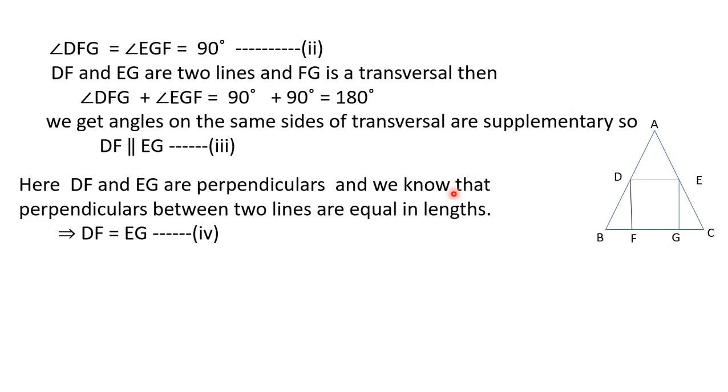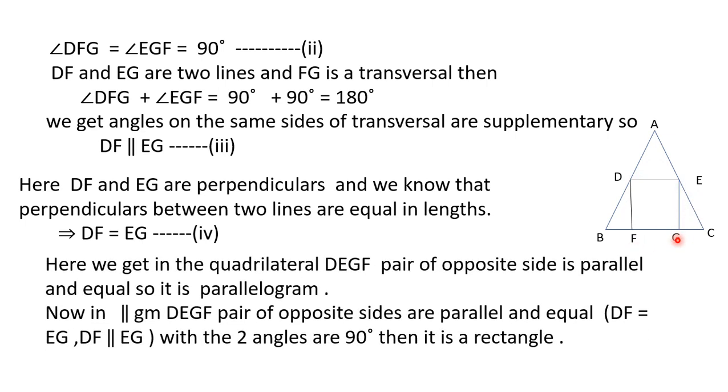Here DF and EG are given perpendiculars, and we know that perpendiculars between two parallel lines are equal in length. That means DF is equal to EG. Now we get in this quadrilateral DEGF, a pair of opposite sides, that means DF and EG, are parallel and equal.